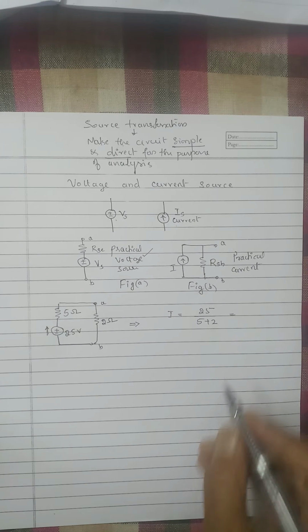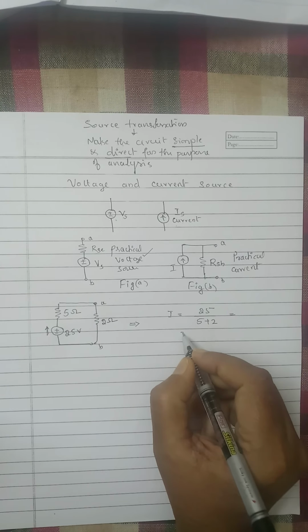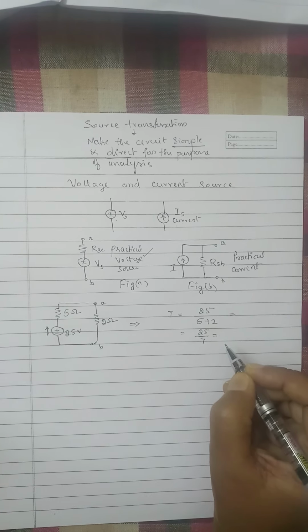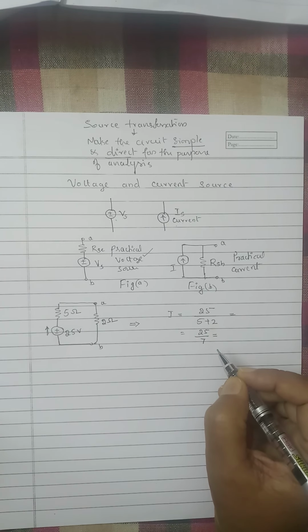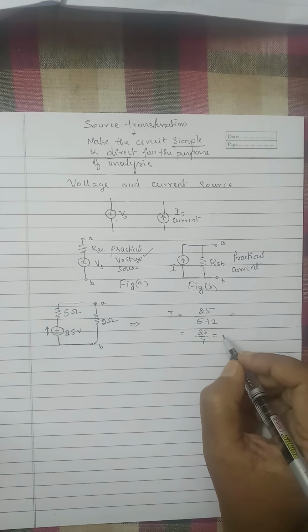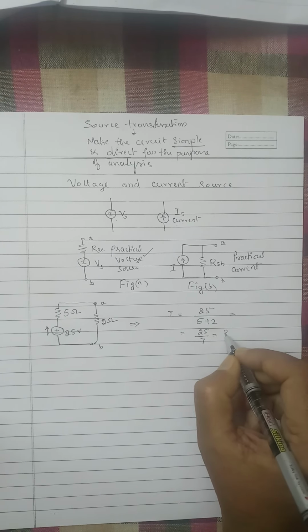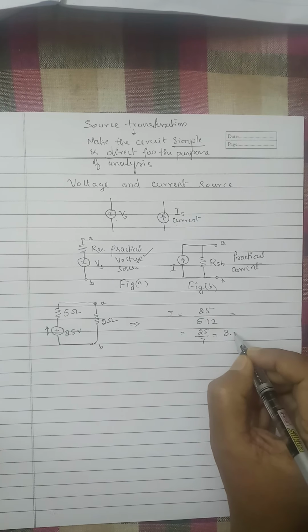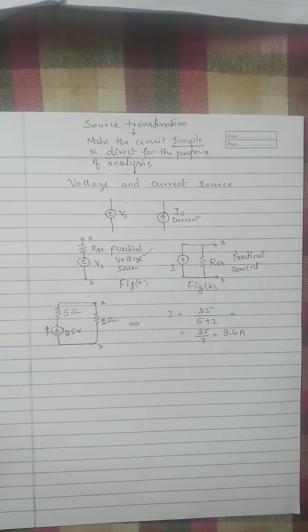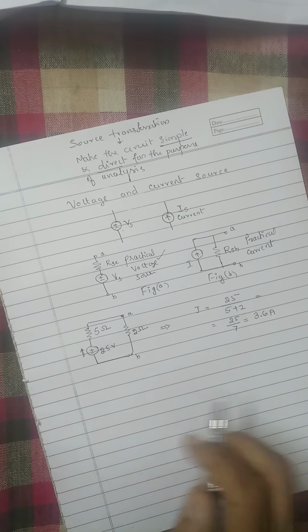That is 25 by 7, and the answer is nearly 3.6 ampere. Correct? This is the current.